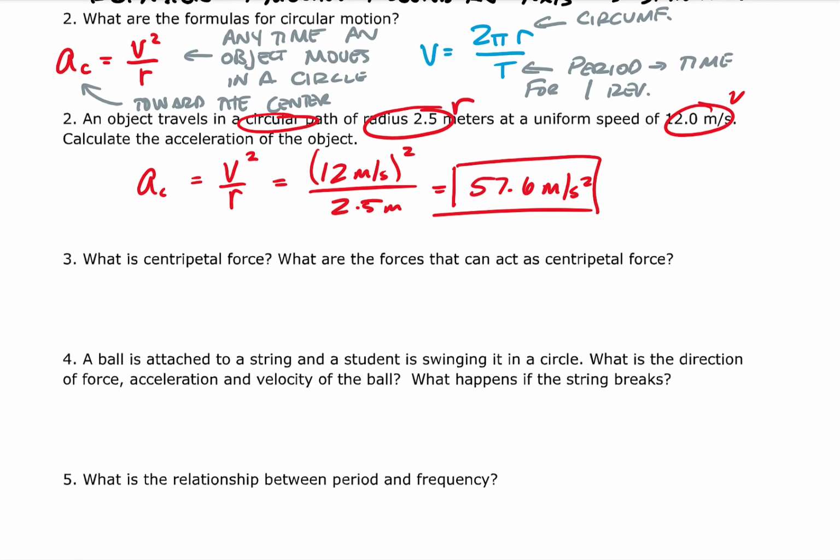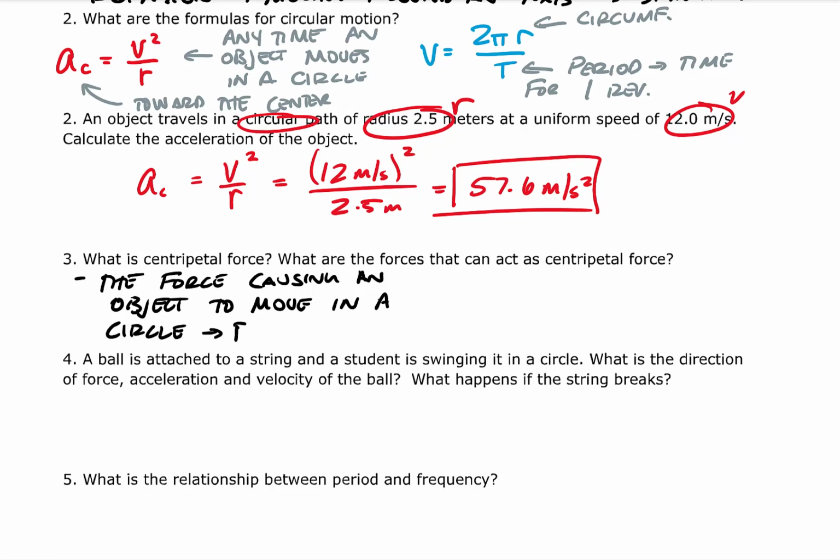What is centripetal force? This is the force causing an object to move in a circle.